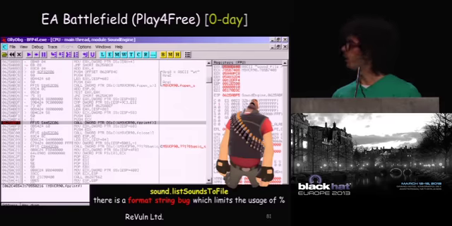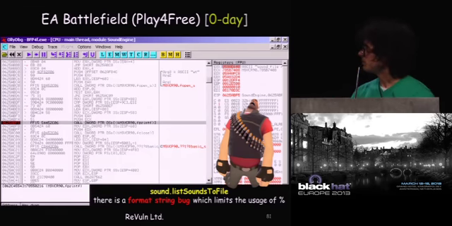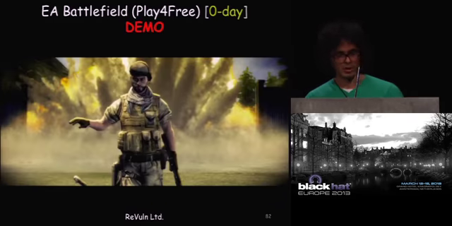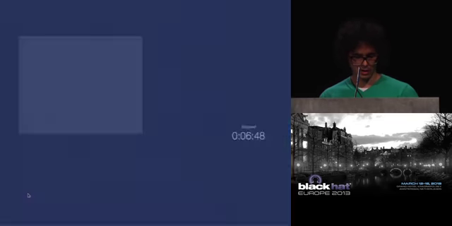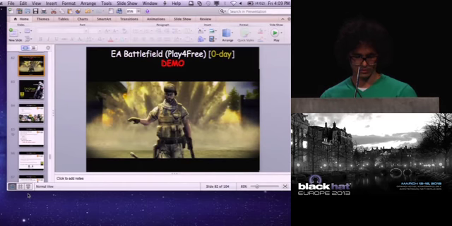And there are also format string bugs inside one of them. Anyway, we were able to bypass all these little obstacles, and now we can see the demonstration. Consider that this one is undisclosed and is presented for the first time here at BlackHat Europe.